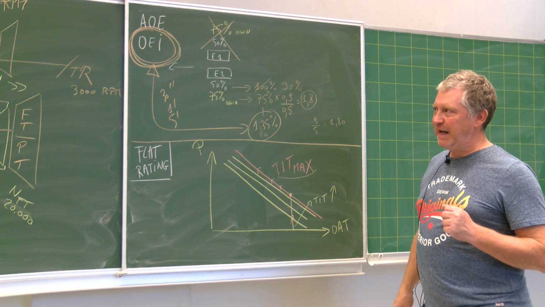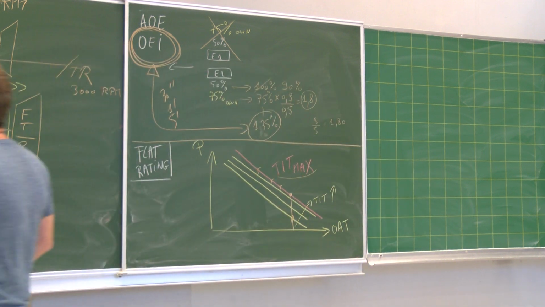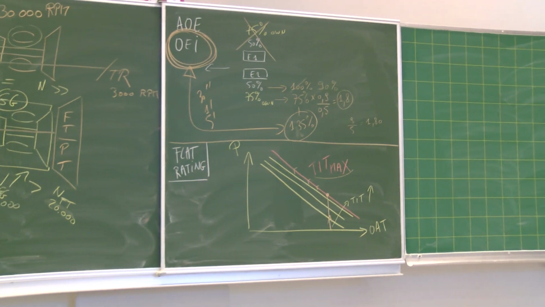The power delivered to the gearbox, the power delivered to the rotors. So this is this power that is increasing. What's happening if the power there is increasing? You can face two problems.